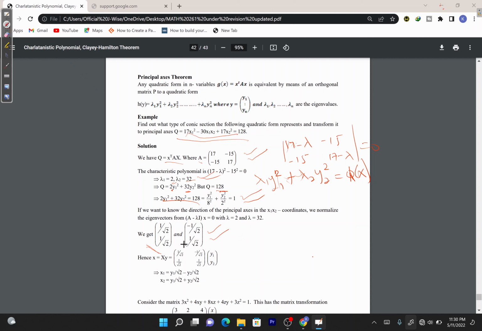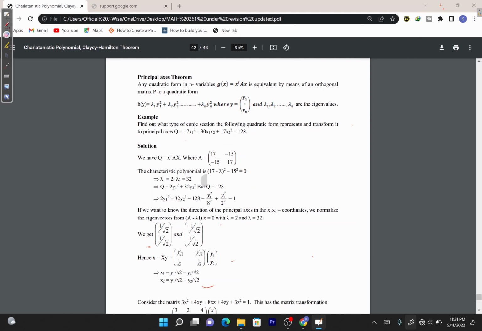You can use them to construct your normalized modal matrix, which is what we have here. So we set x equals Py, where P is the modal matrix, so that the columns of P are the normalized eigenvectors of matrix A. We have this matrix times the vector y. When you simplify this, we get x1 equals y1 over root 2 minus y2 over root 2, then x2 equals y1 over root 2 plus y2 over root 2. Now let's look at another example.